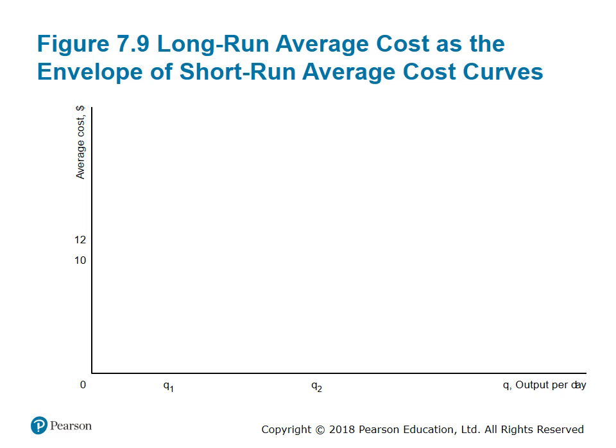For example, in Figure 7.9, suppose the firm can choose one of three plant sizes, small, medium, or large, in the long run. Short-run average cost 1 relates to the firm's small plant size. Short-run average cost 2 corresponds to the medium plant size the firm can choose if it plans on producing more output.